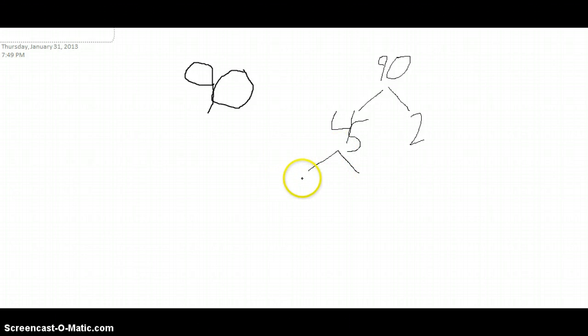And then we all know that 45 divided by 5 is 9. So here's 45, and then you would do 5, and then that answer is 9.